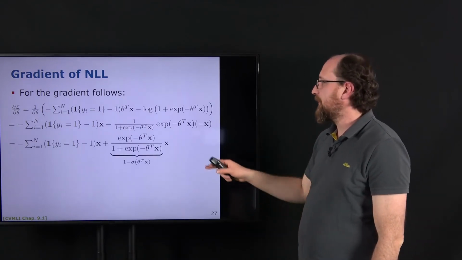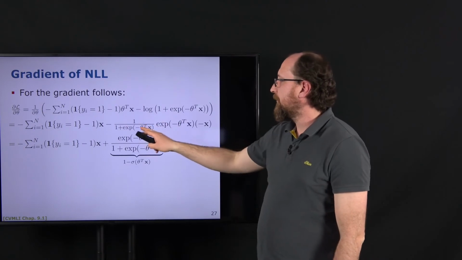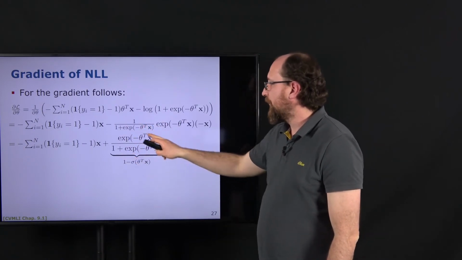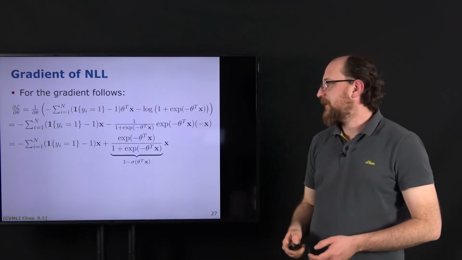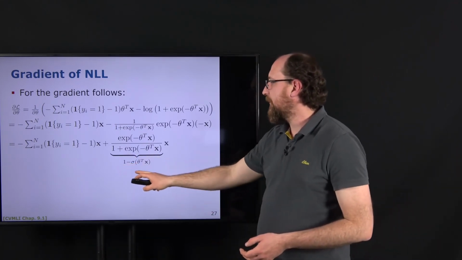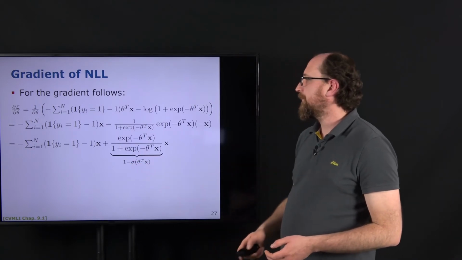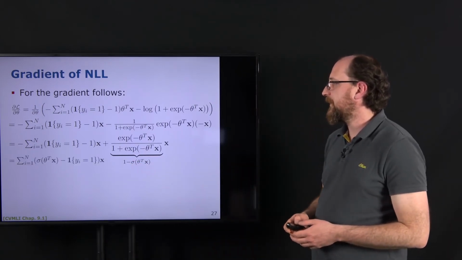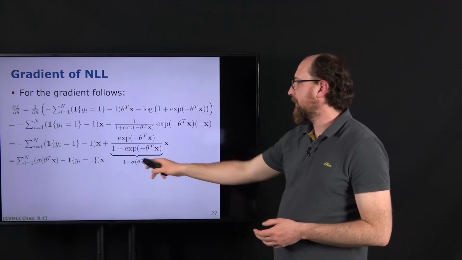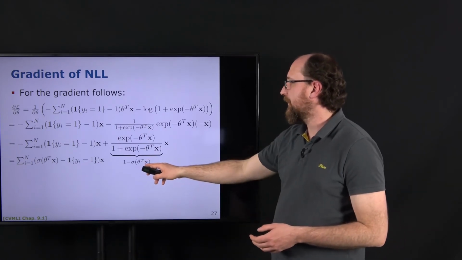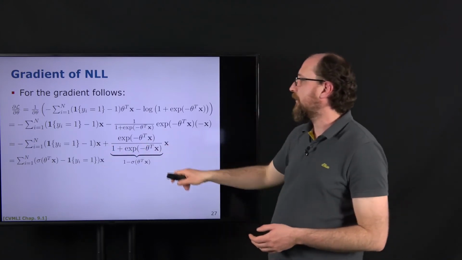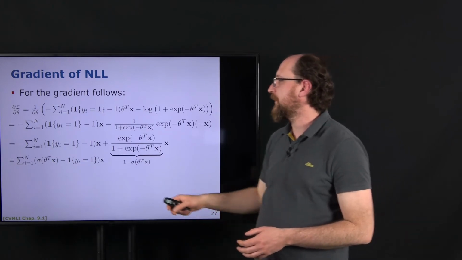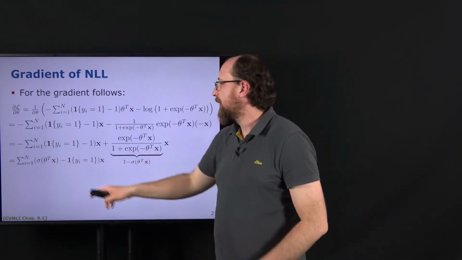When we see this, we can use this fraction here, and when you do the derivation, you can replace this by 1 minus sigma of theta transpose x. We can place this in here, put the x out of the bracket, and then we have the sigma here.